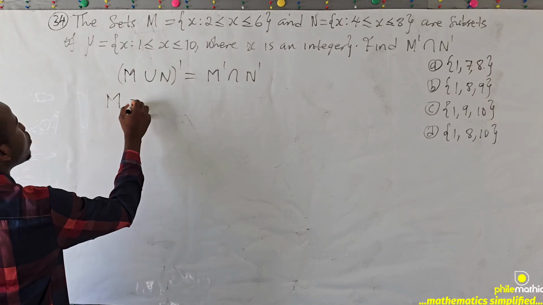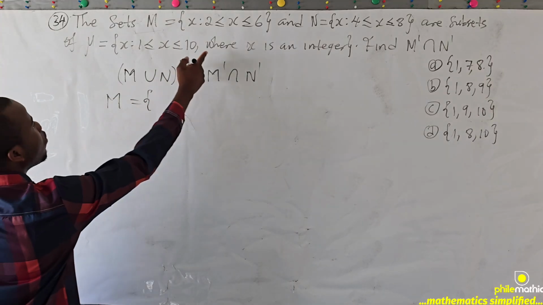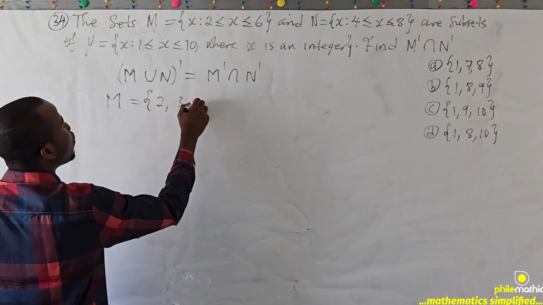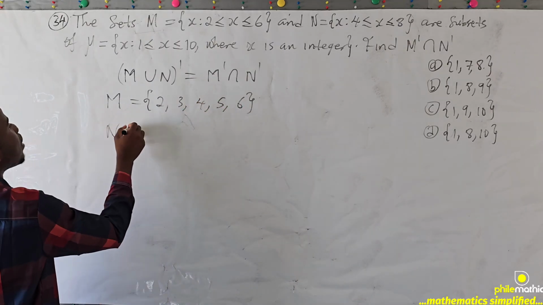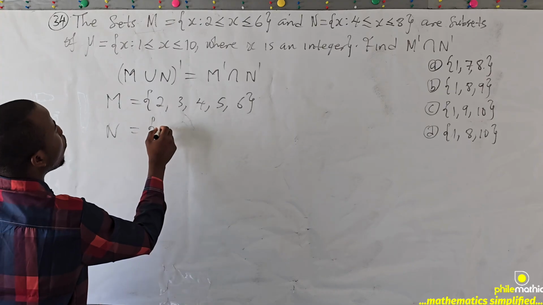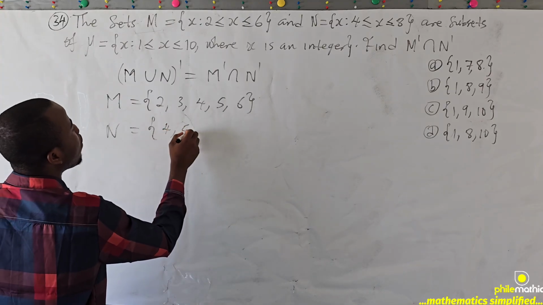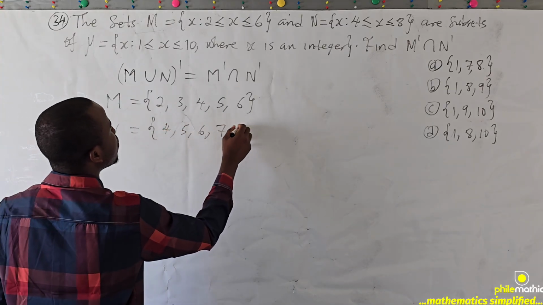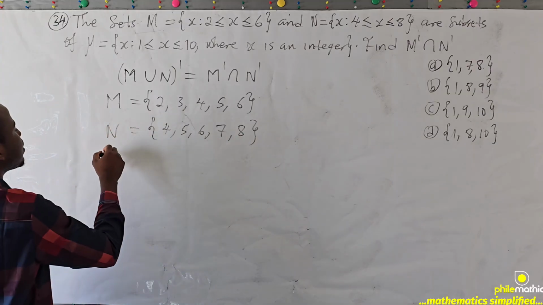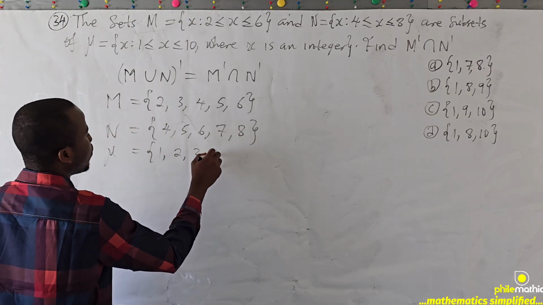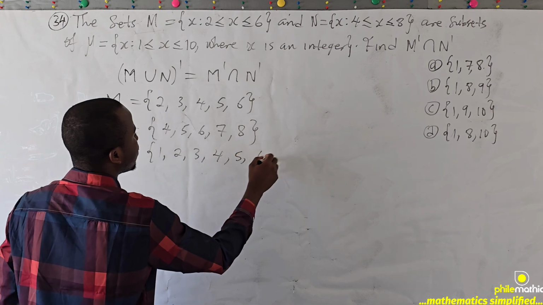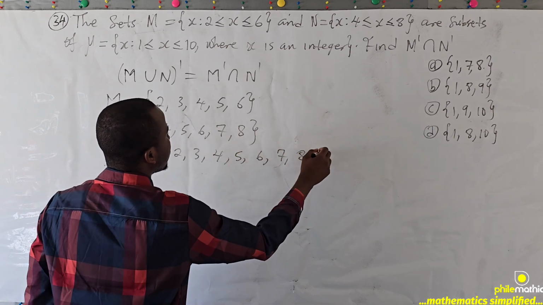M are those elements 2, 3, 4, 5, 6, and N are those elements 4, 5, 6, 7, 8. And our universal set mu are 1, 2, 3, 4, 5, 6, 7, 8, 9, 10.